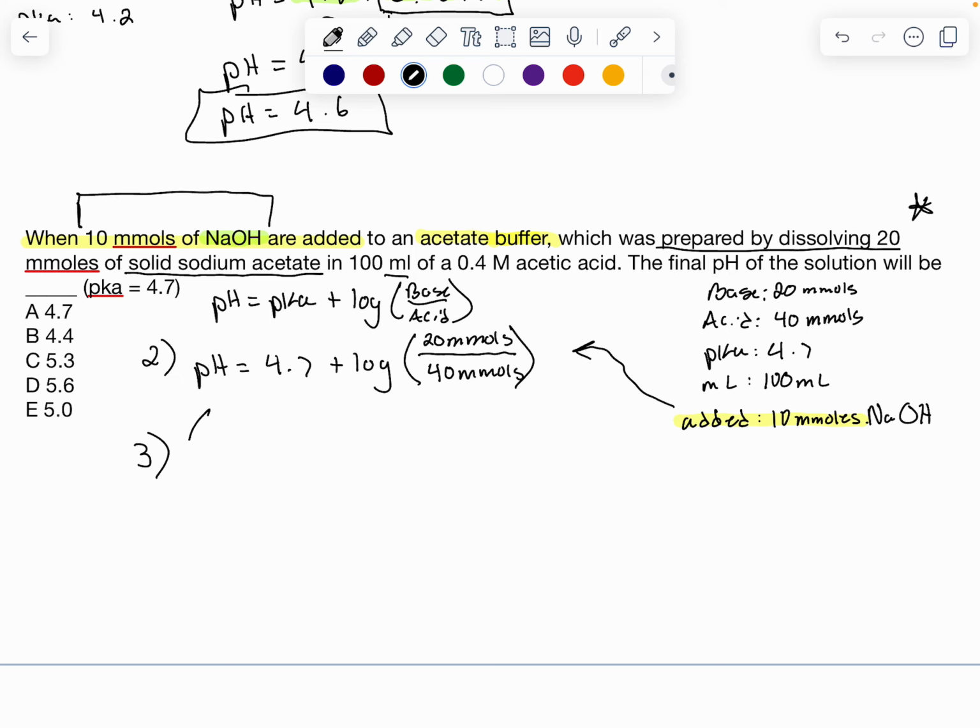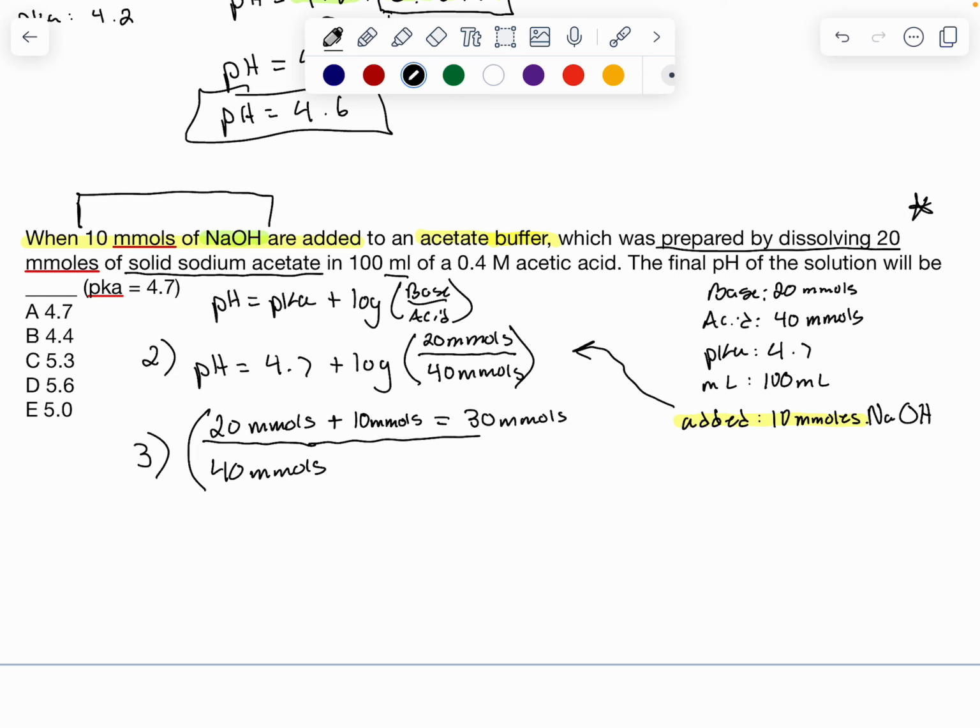So we know we have 20 millimoles of base on top, and we have 40 millimoles of acid on bottom. But we added 10 millimoles of base, so base and base add together. So now after adding 10 millimoles of the additional base, we get 30 millimoles of the base.